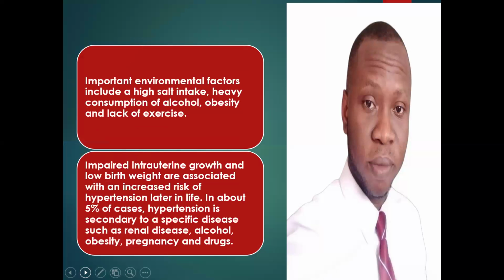Also note that environmental factors such as high salt intake, heavy consumption of alcohol, obesity, and lack of exercise also contribute. Remember, impaired intrauterine growth and low birth weight are also associated risks that increase the likelihood of a child developing hypertension later in life.